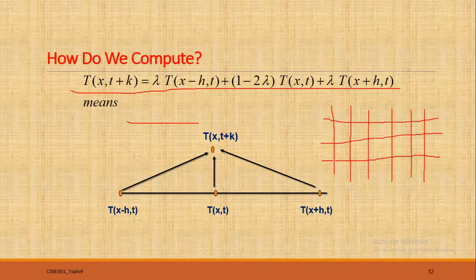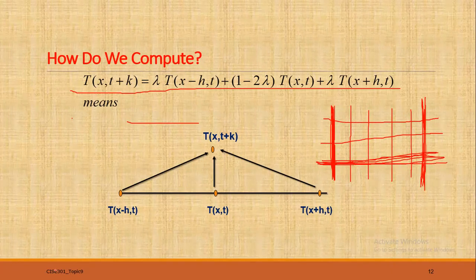Now the boundary condition is given, that means all these points are given, because we consider this is x equal to 0, and suppose this is x equal to the end point. So this is the starting and this is the end. Now this is t equal to 0. So this line indicates the initial condition.